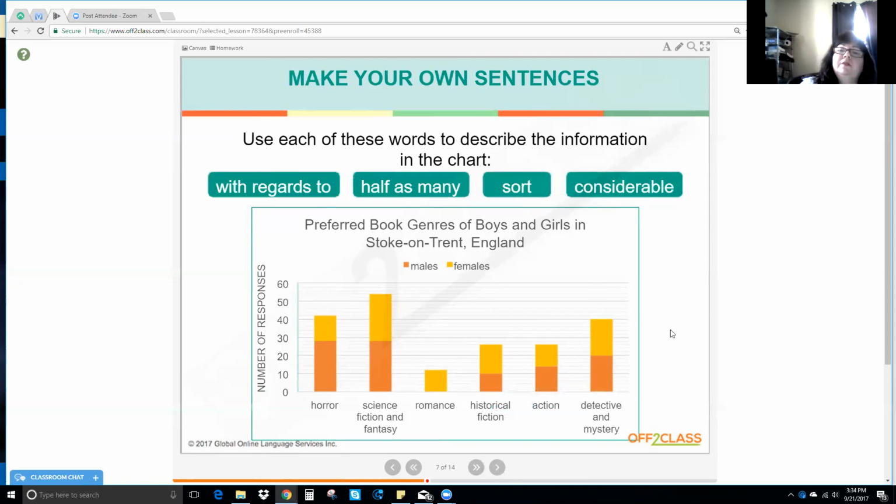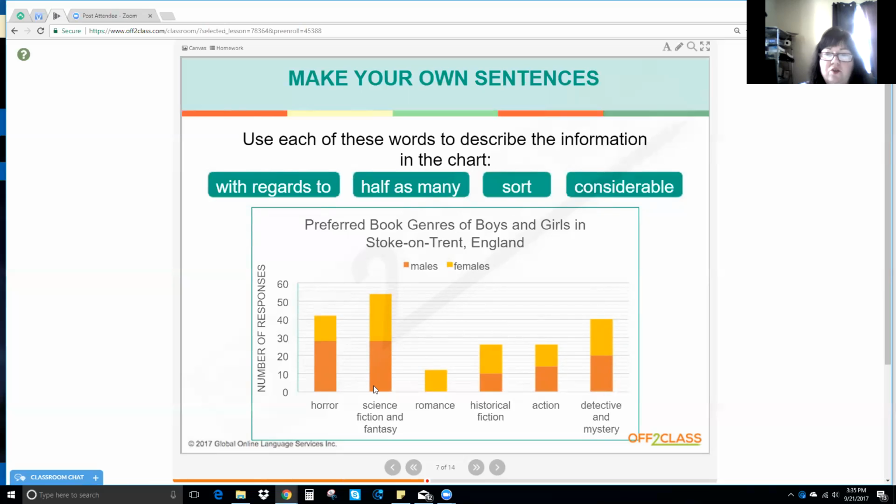Use each of these words to describe the information in the chart. Again, we have with regards to, half as many, sort, and considerable. So with regards to science fiction and fantasy and horror, about half as many boys like science fiction and fantasy as girls.